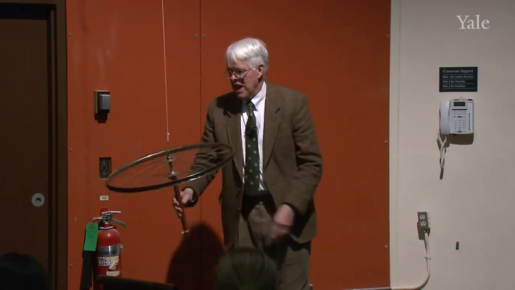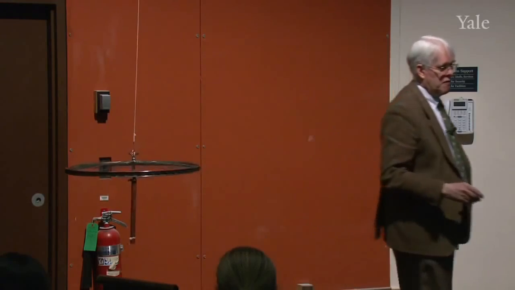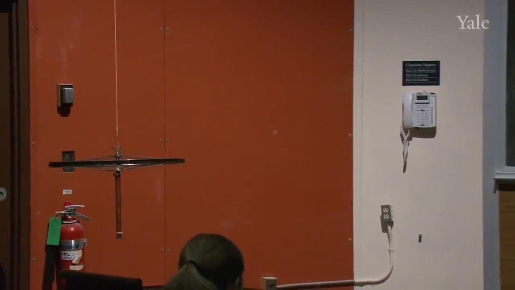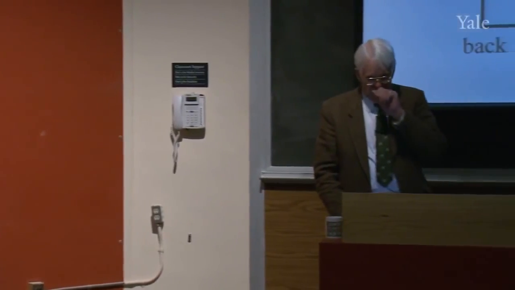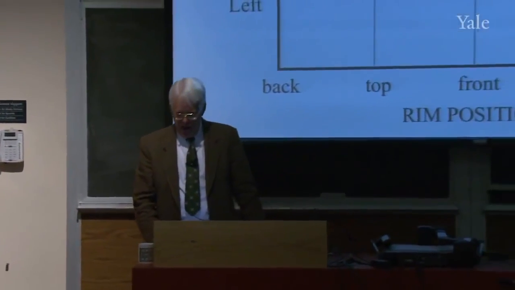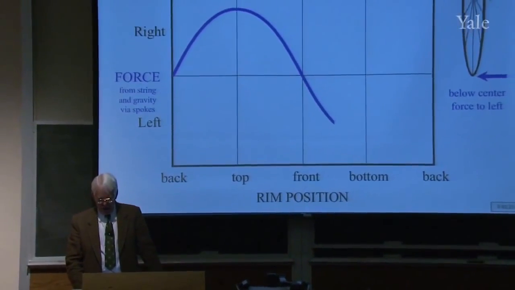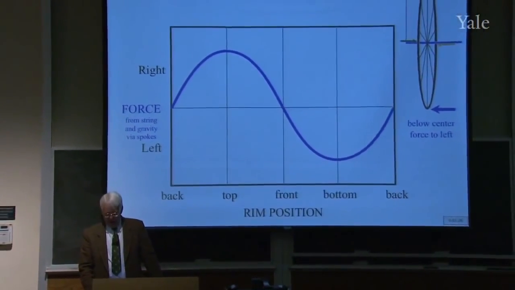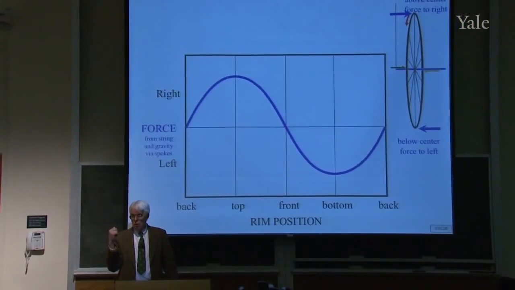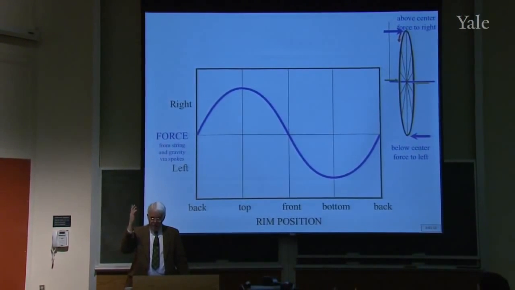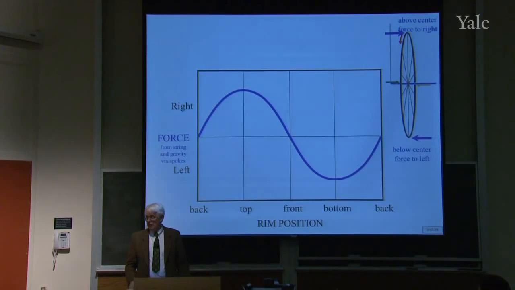Okay, so we can make a plot of the force as a function of position on the rim. So in the picture on the screen here, when it's above, the force is to the right, below it's to the left, and this is what the force should look like, right? When it's in the front or in the back, there's no force. When it's above, there's a force to the right, and when it's below, there's a force to the left, okay?